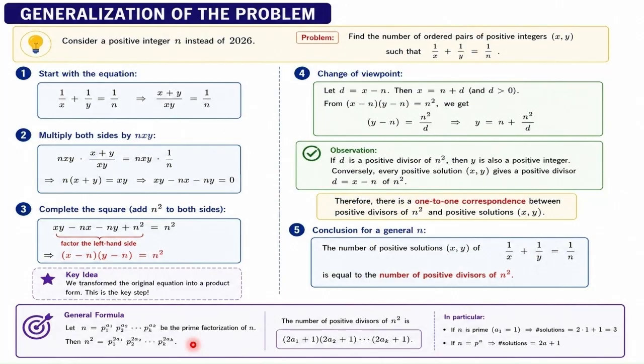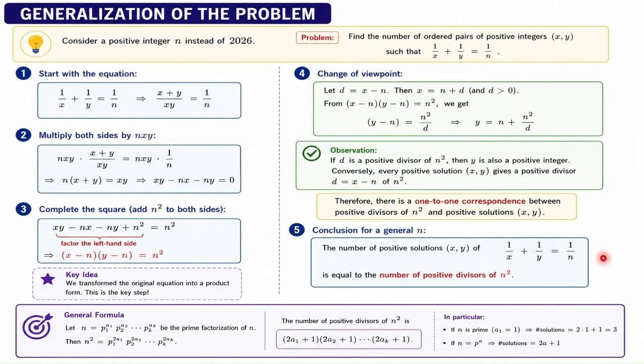Therefore, the number of positive solutions is (2a1 plus 1) times (2a2 plus 1) and so on. This is our general formula. It works for every positive integer n. So, with one elegant idea, we have solved not just one problem, but an entire family of problems.